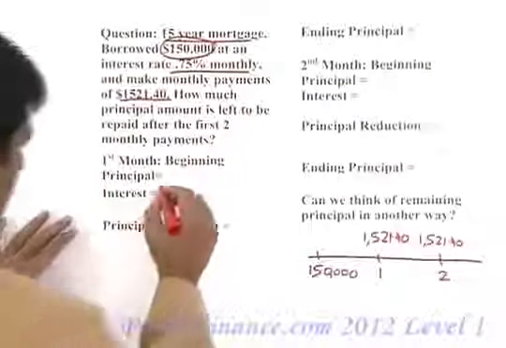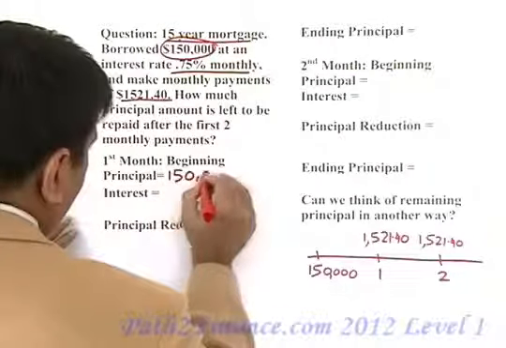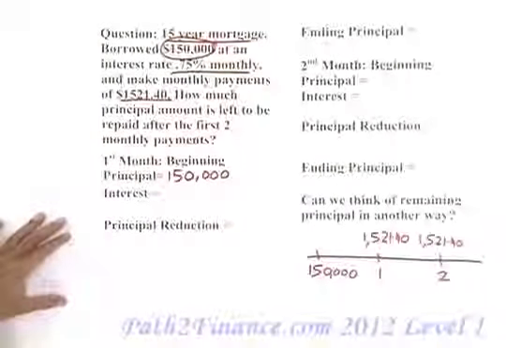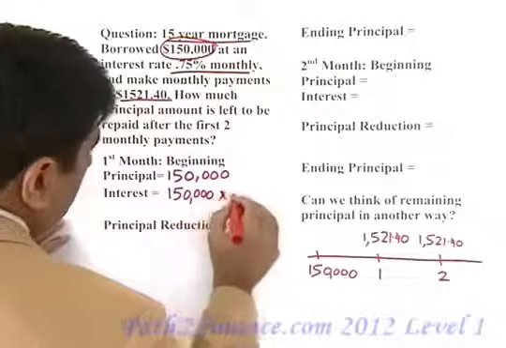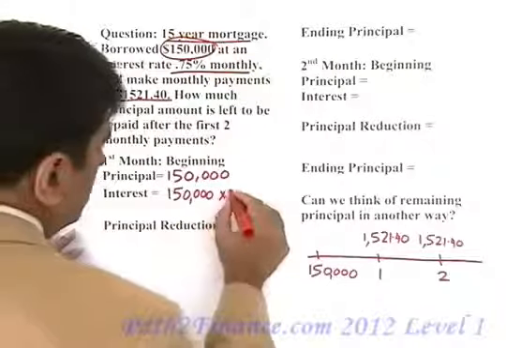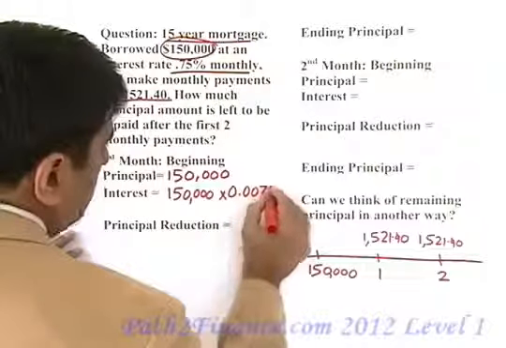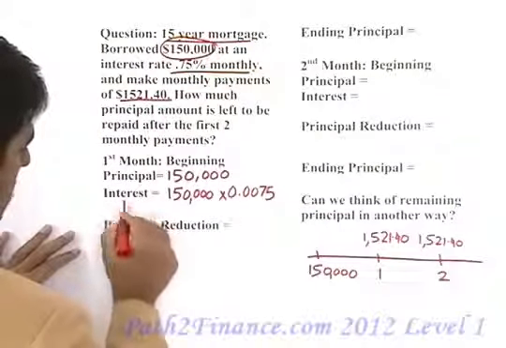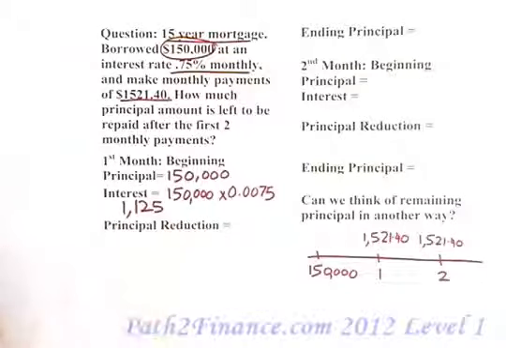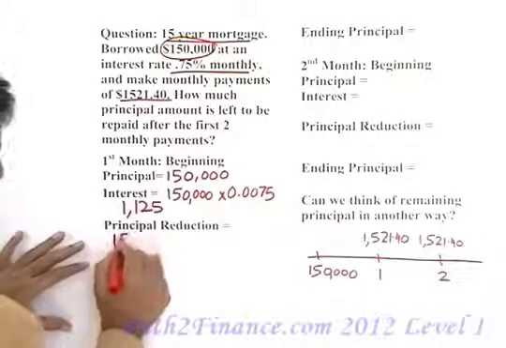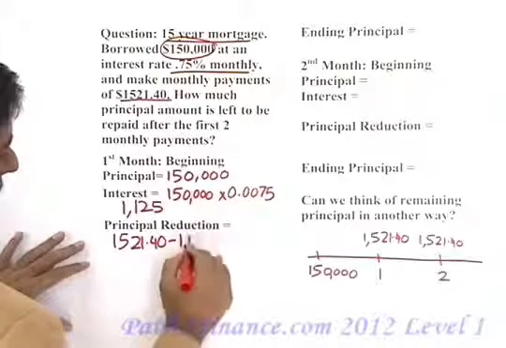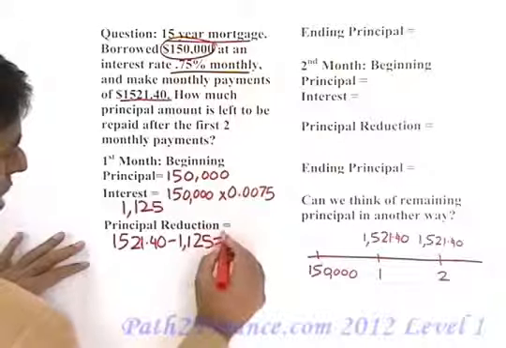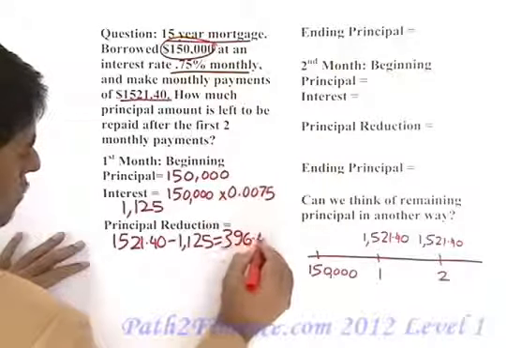Well, we start out with the beginning principal of 150,000. The interest on this beginning principal will be 150,000 multiplied by 0.75%, which is 0.0075, or that is 1,125. The payment was 1521.40 minus 1,125 would equal 396.40.